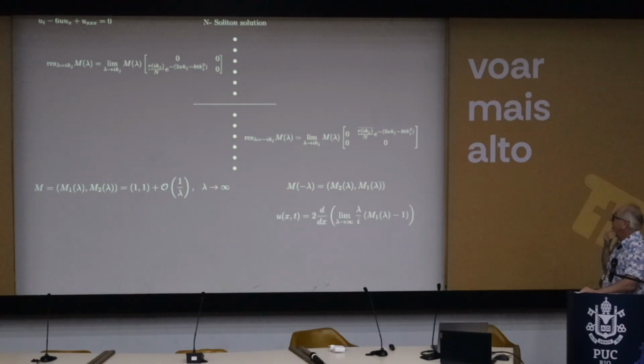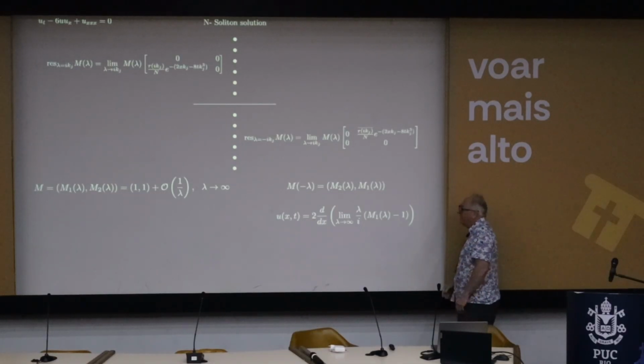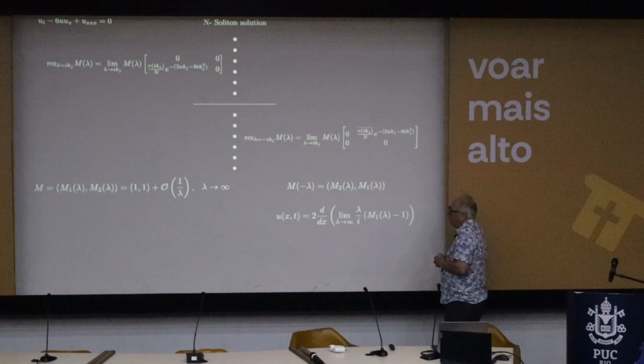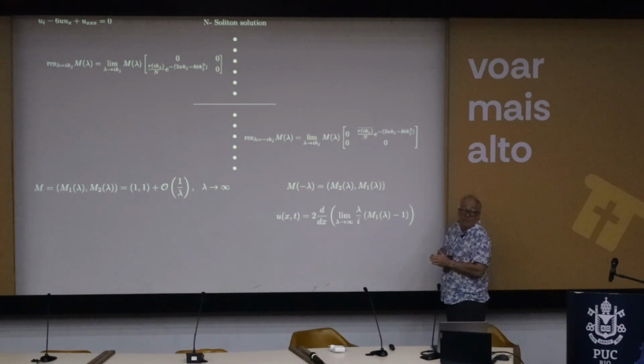Since it's a pair of meromorphic functions in the plane, it just has n poles in the upper half plane and n poles in the lower half plane. It's a rather simple thing to look for, except that we're interested in the behavior when the number of poles goes to infinity.